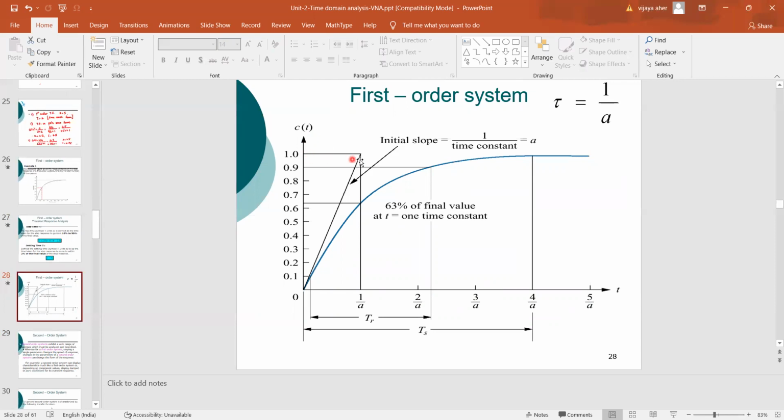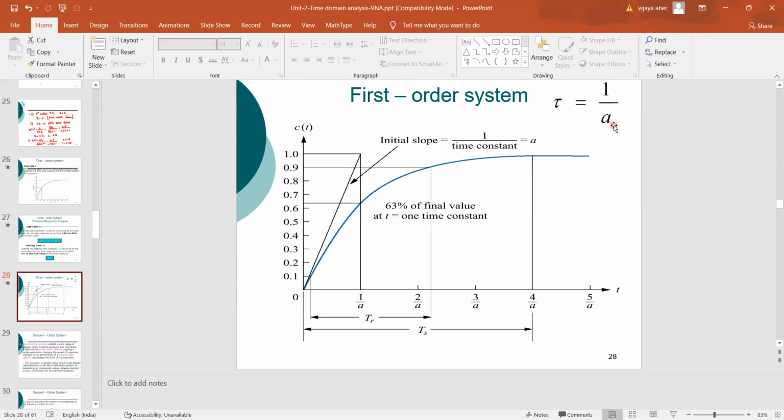This is the initial slope, which is A. Initial slope is 1 divided by the time constant, so 1 by tau is A. So tau is equal to 1 divided by A, where A is the slope of this line.